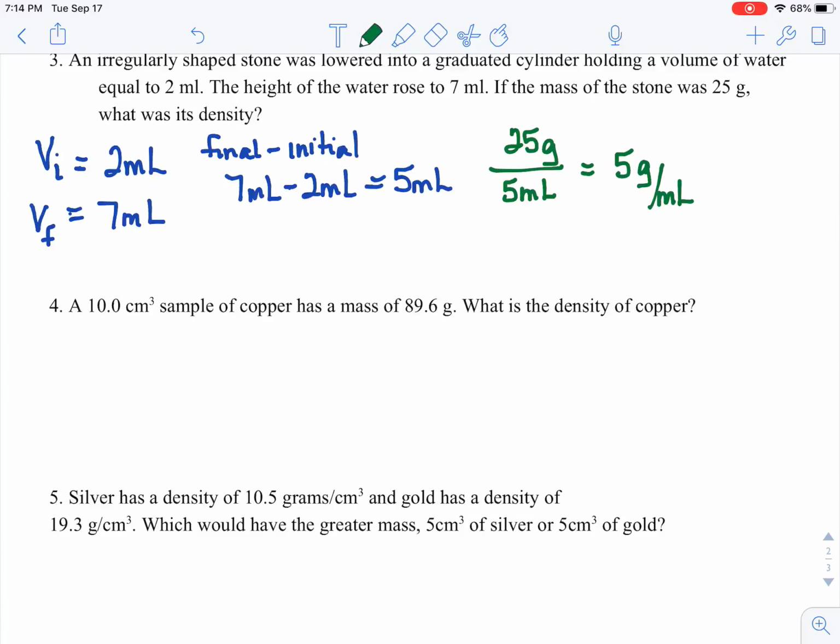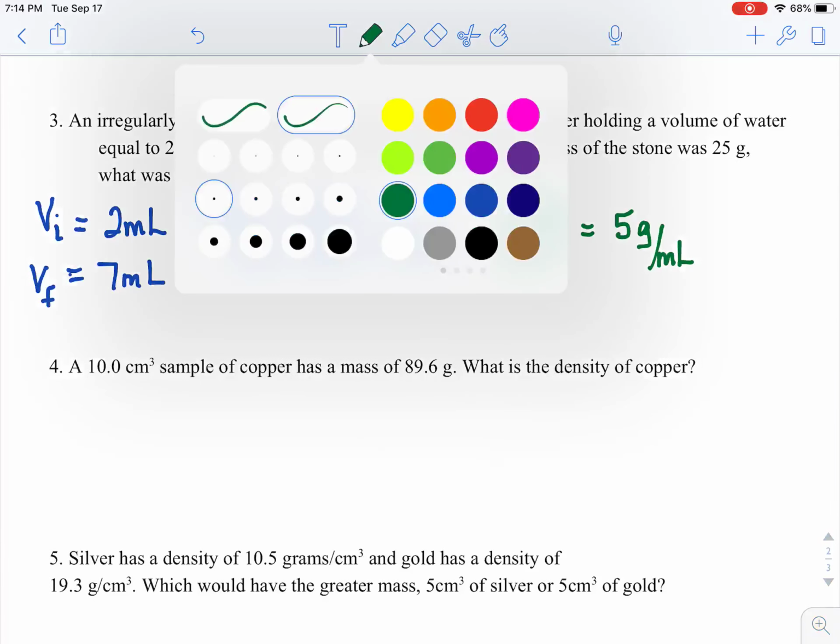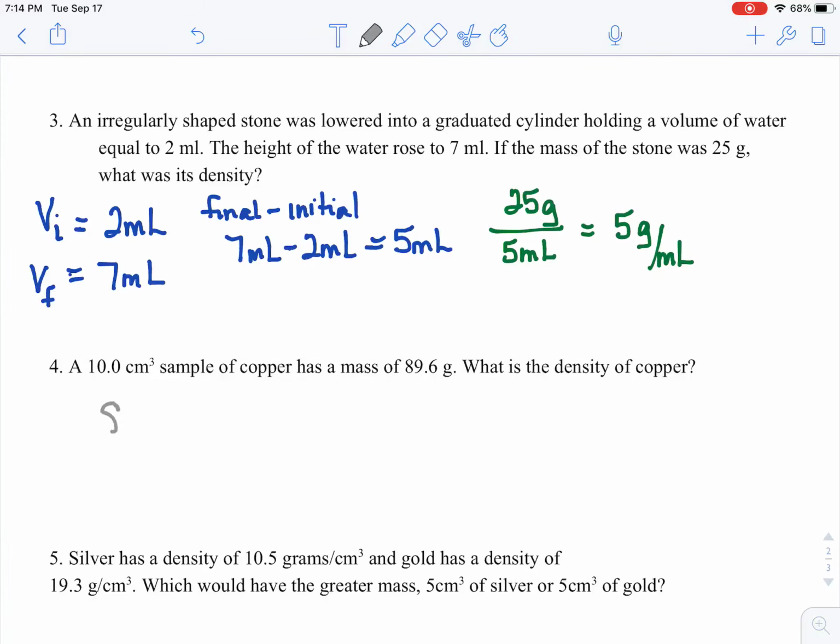Continuing on, a 10 centimeter cubed sample of copper has a mass of 89.6 grams. Well, that's another one of those very straightforward questions where we're taking the mass of 89.6 grams, dividing it by 10 centimeters cubed, and if we do that, that's going to give us 8.96 grams per centimeter cubed.